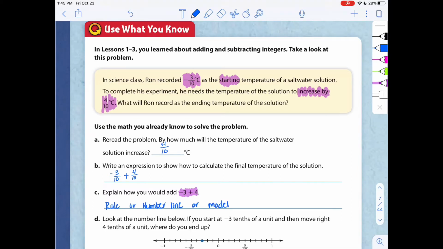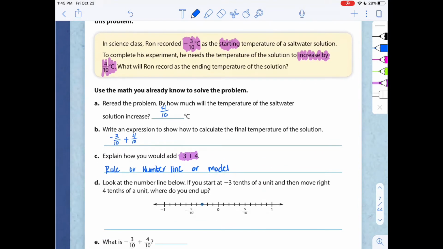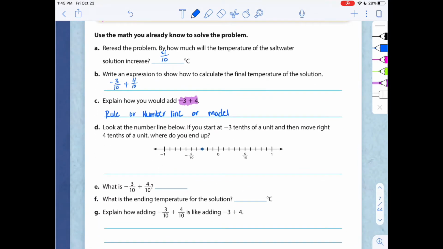Remember, we modeled it with positive and negative cubes or tiles. We would have 3 negative tiles and 4 positive tiles. And once those are paired up and eliminated, we're left with 1 positive tile. So regardless of which method you would use, you still get a solution of +1.